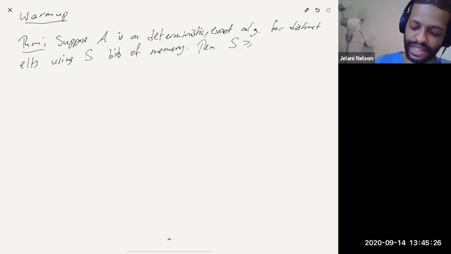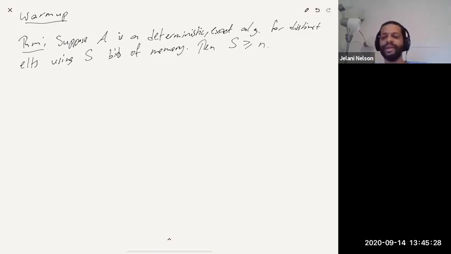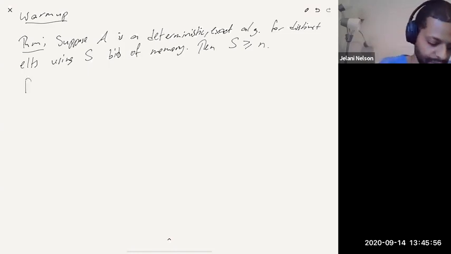Then S is at least n, right? I'm saying here that the elements in the stream come from a universe 1 up to n. So this is really saying there's absolutely nothing non-trivial. I mean, you can always just maintain a bit array of length n and solve distinct elements that way, right? So this theorem is saying there's nothing that's even minutely non-trivial in the space of deterministic exact algorithms for this problem. Okay, so let's prove this.